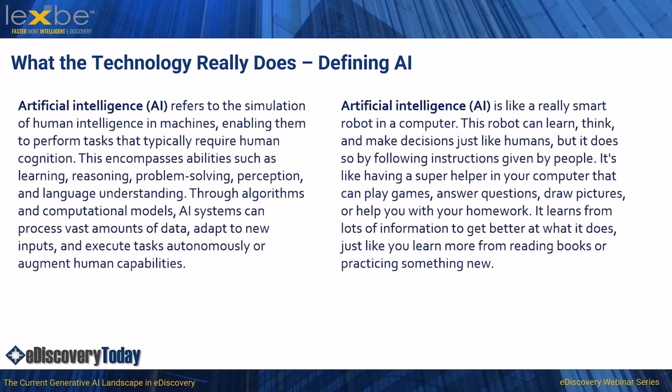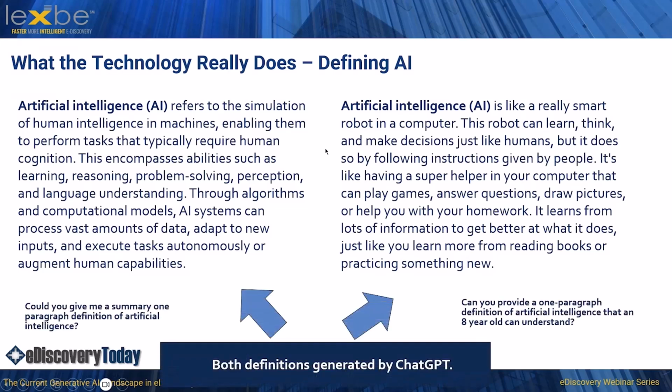Well, I should point out that both of these definitions were generated by ChatGPT, generative AI. As you can see there, the prompt for both requested a one-paragraph summarized definition of AI, but the second one asked for one that an 8-year-old can understand. Both of these are engineered prompts, where the second one uses what's known as an audience persona to customize the response.